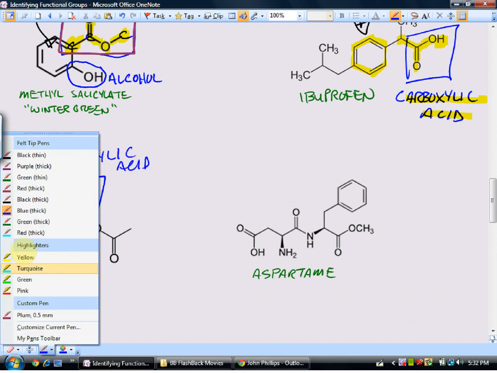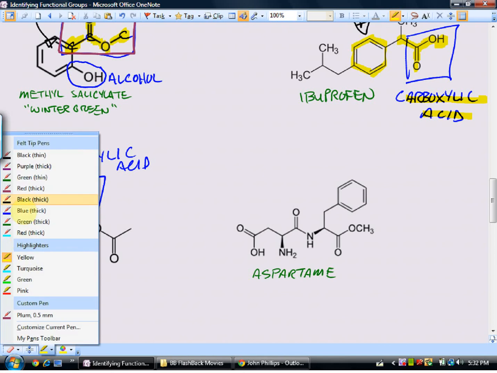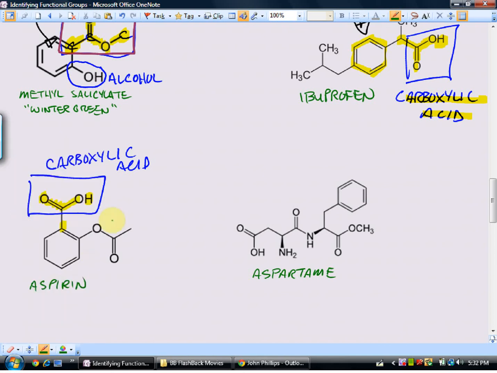Again, we've got our carbon-oxygen double bond, carbon-oxygen single bond, hydrogen on one side, carbon on the other side. That's definitely a carboxylic acid. And then the other functional group looks pretty similar, except now this is not an acid, but it is an ester.